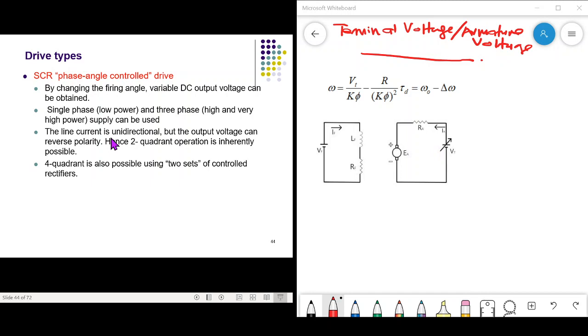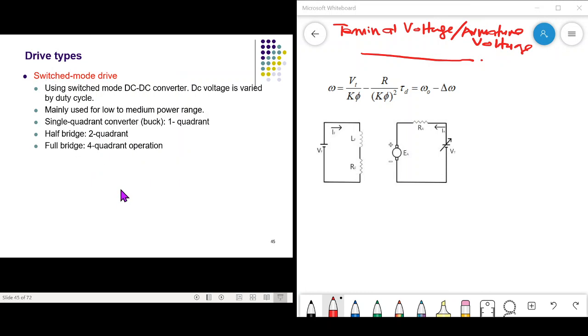We can use single phase for low power and three phase for high and very high power. The line current is unidirectional, but the output voltage can reverse polarity. Hence, we can use two quadrant operation. Four quadrant operation is also possible using two sets of controlled rectifiers, as I discussed in chapter 2.